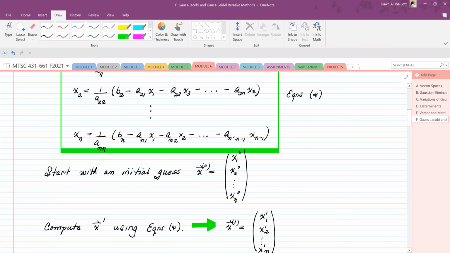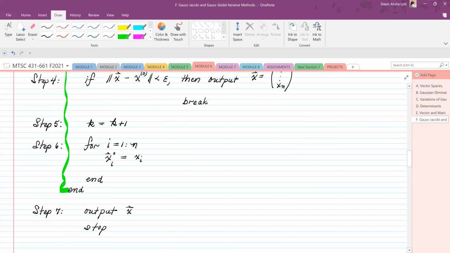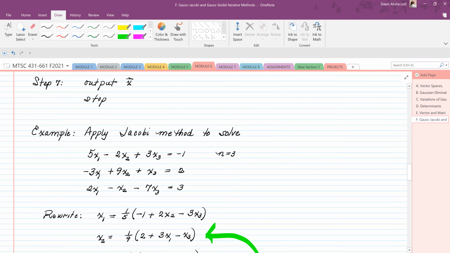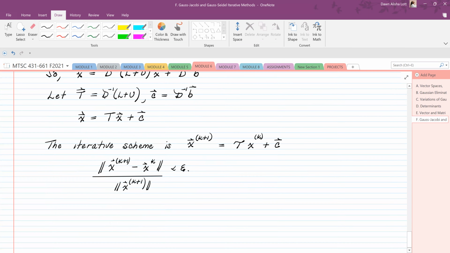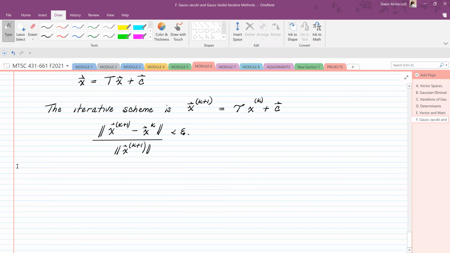So now we're going to do that, and we're going to assume the same two assumptions. So now we have the Gauss-Seidel.